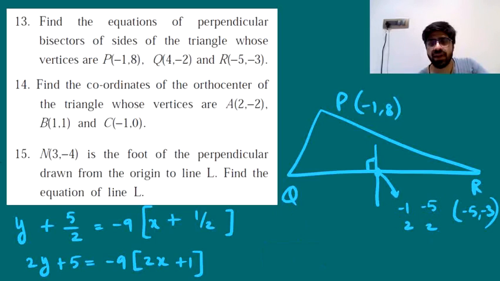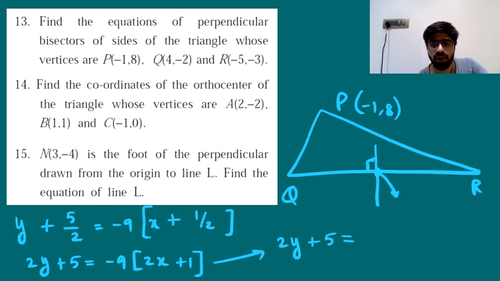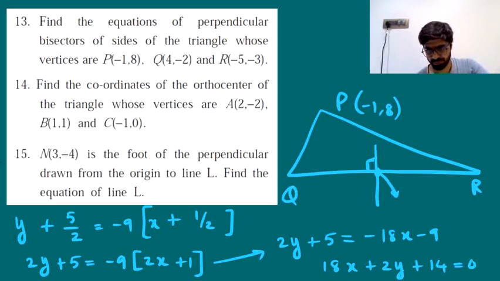Now try to expand that bracket, which we have just got. So we will have 2y plus 5 equals -18x minus 9. Take everything on the left, so you will have 18x plus 2y plus 14 equal to 0.